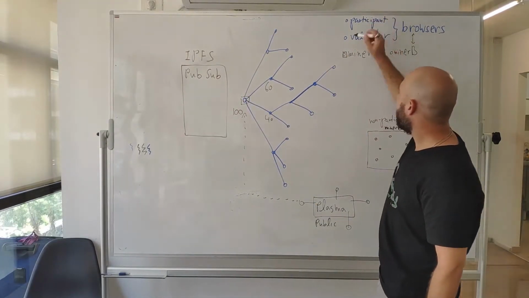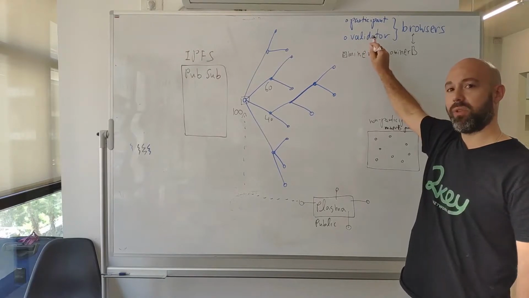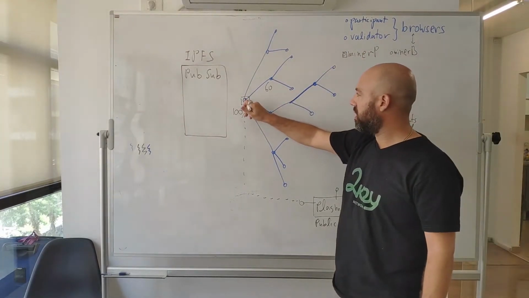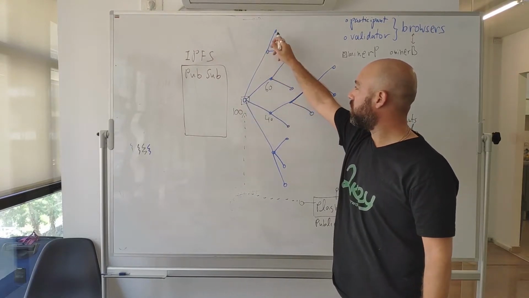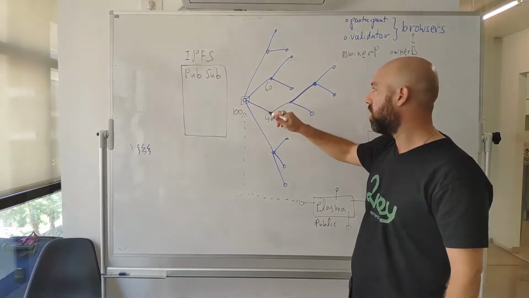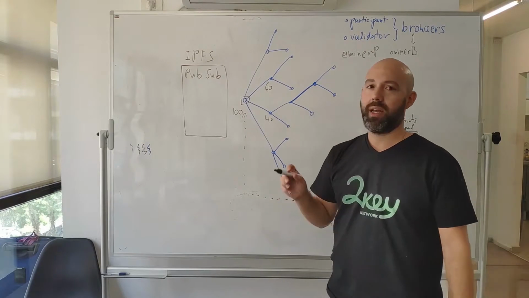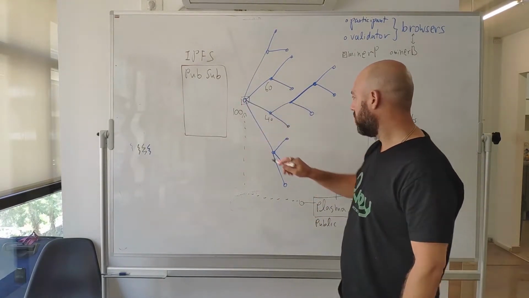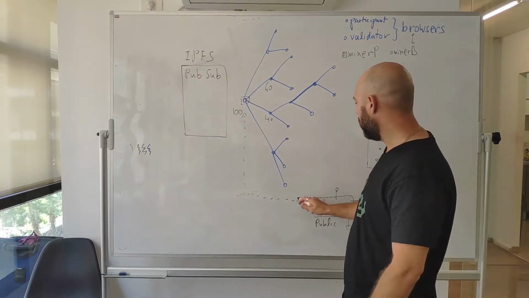But we're going to have browsers as validators. So in the first step, each of these participant nodes, all these blues are participant nodes, they're also going to interact as validators, which means they're going to listen to the Plasma. So it's going to be a two-way street.